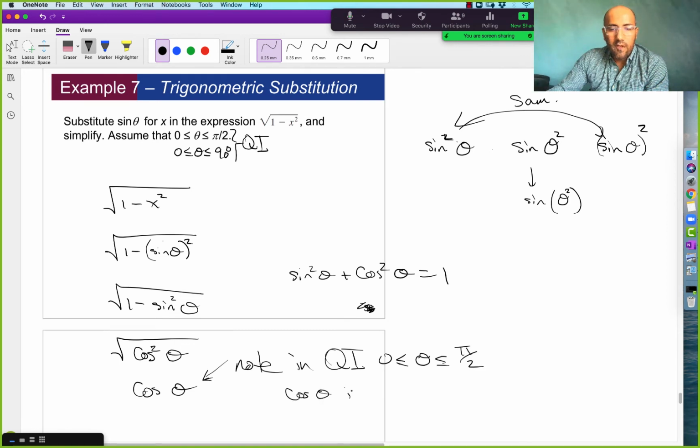Cosine of theta is positive. And so it'll match the original statement because the result of taking the square root of something is going to be positive. So they equal each other. Does that make sense?